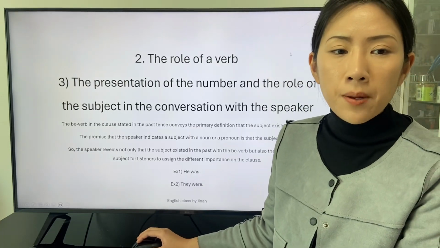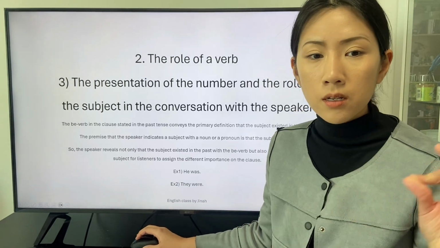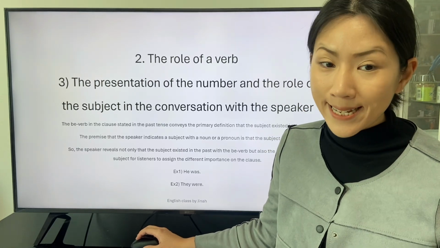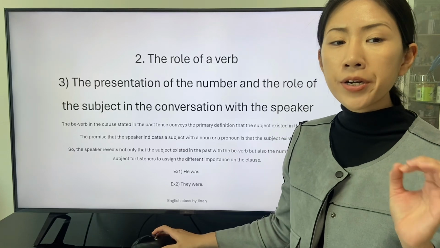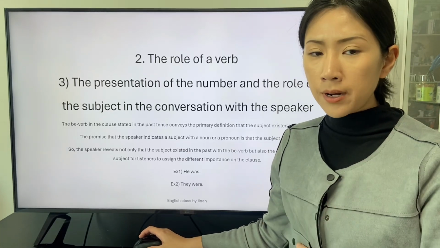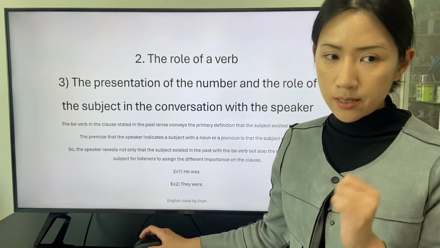The be-verb in the clause stated in the past tense conveys the primary definition that the subject existed in the past. The premise that the speaker indicates a subject with a noun or a pronoun is that the subject exists.